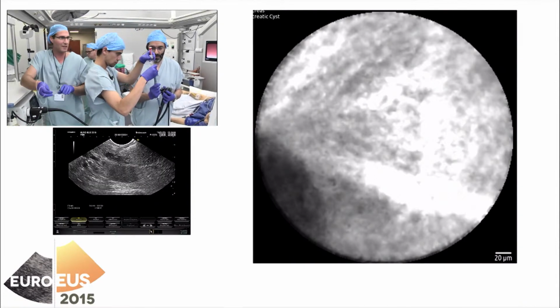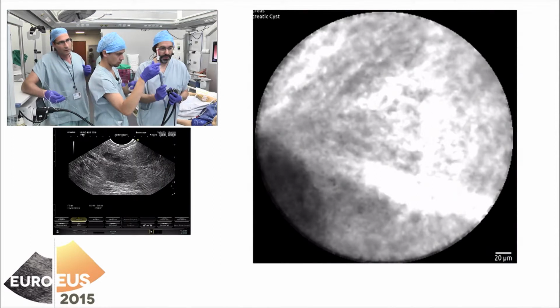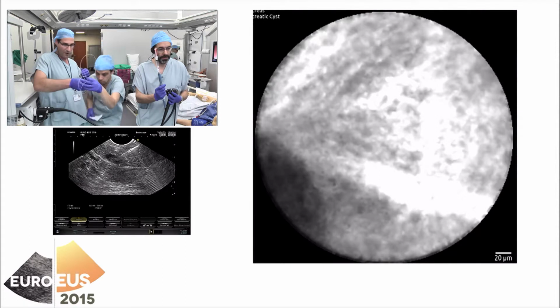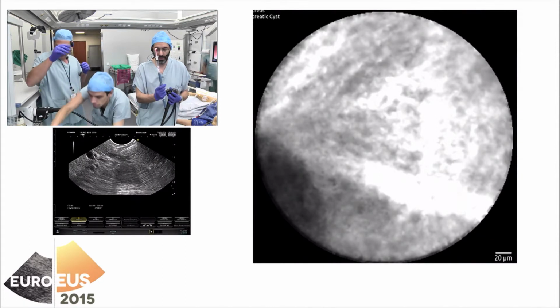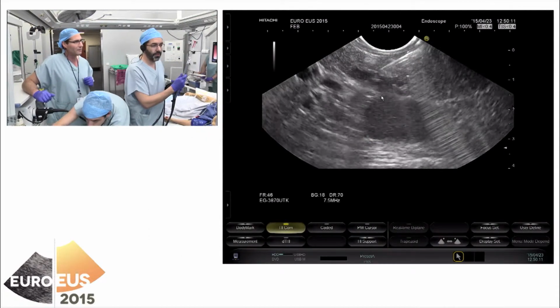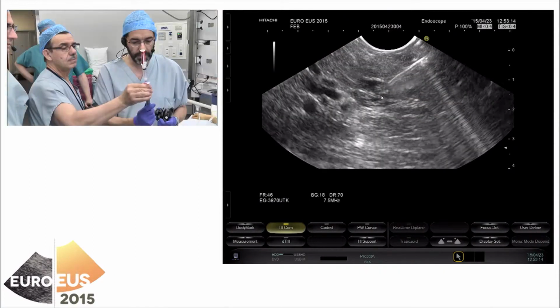Yes, the patient is included in a study. And in the study, we of course need all that we can for the diagnosis. It's almost disappeared with the aspiration.